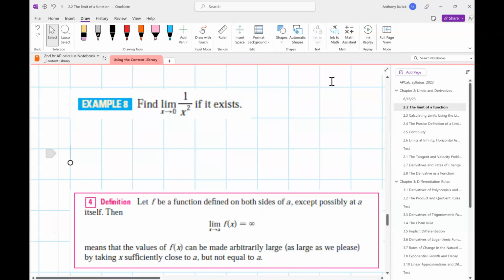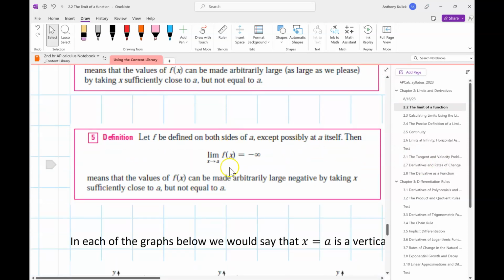If you did that tabularly, you'd see the numbers getting bigger and bigger and arbitrarily as big as you want the closer you got to 0. And the same thing would happen at negative infinity. If I did negative 1 over x squared, they're both pointing down, negative infinity.